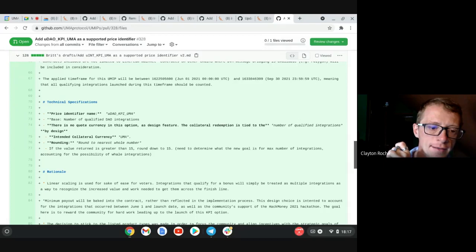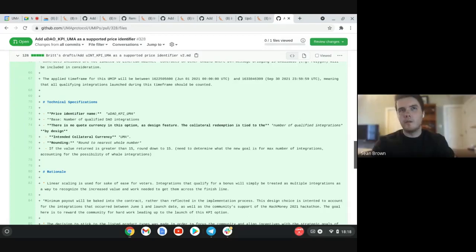So we would say the most integrations you can have assigned would be 15 or 25, and then add 1.5 integrations for each integration that's worth over 5 million, or add 1.5 points for each integration. And then all that the contract is receiving is this total number of points, which could translate to different amounts of token values depending on how you set up your financial product library in the contract.